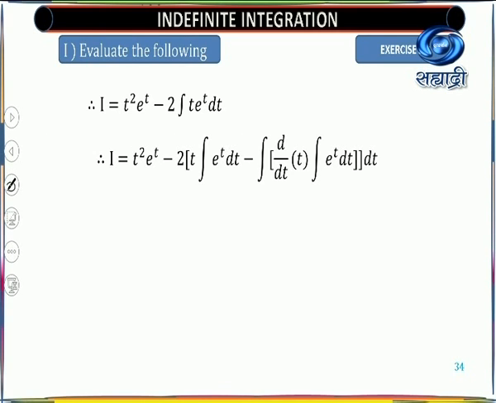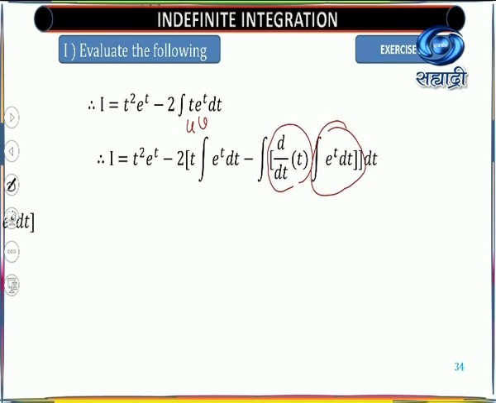Again we'll integrate it. So you'll get t square e raised to t minus 2. We are using this formula. To use this formula, this is u, this is v. So u into integration of v dt minus derivative of u into integration of e raised to t dt. Now this is one function, and there is another function whose product is there.